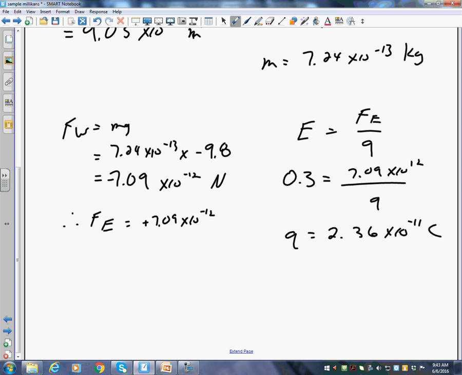Were we supposed to express our answer in coulombs? The question does say yes. If the question says it's got to be in Elches, what do you do? Do the ratio, or for those of you that are lazy out there, 1.6 times 10 to the minus 19, just divide. I don't actually have that number.